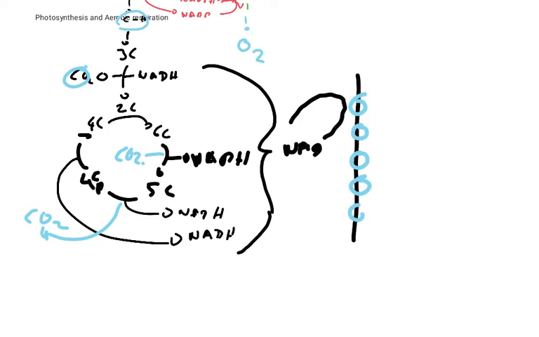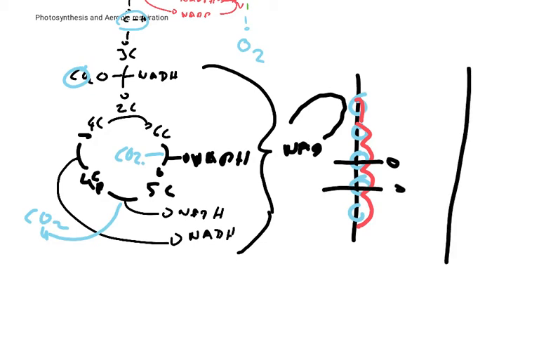That electron then goes down the chain of carriers, and there's a series of oxidation and reduction reactions where the energy in that electron is used to push protons from where there are few to where there are many across the membrane. And remember, this is the inner mitochondrial membrane and this is the outer membrane.